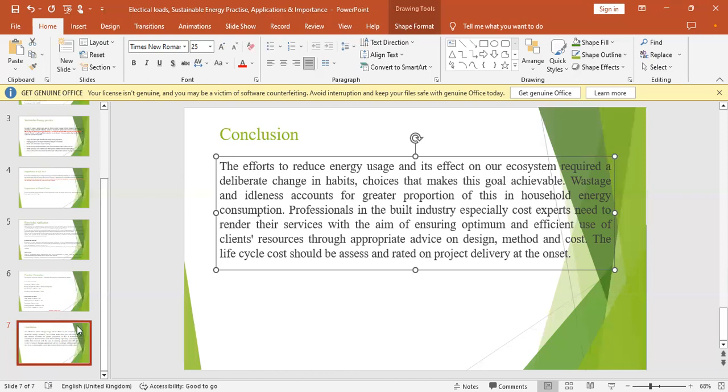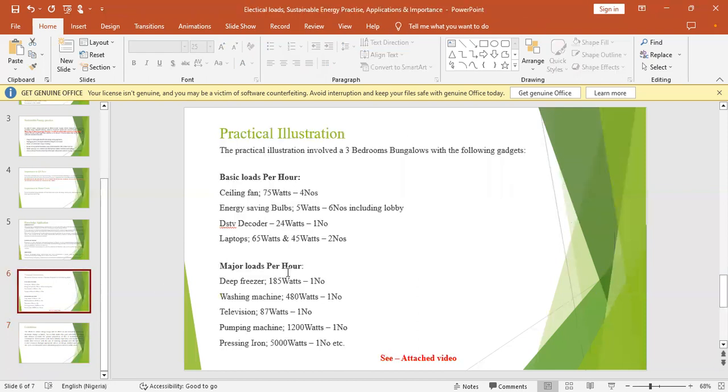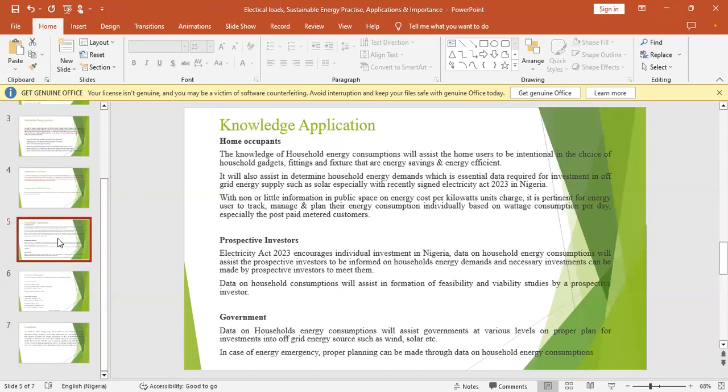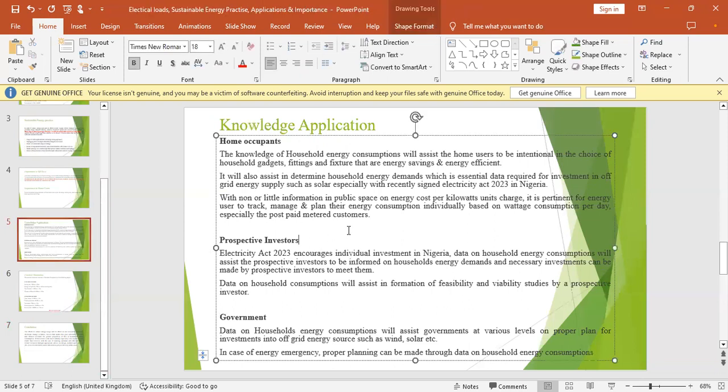If you compute the running cost, the energy running cost of a house at the onset, it will guide you in the choice of design and the choice of method that you can use in the house delivery.